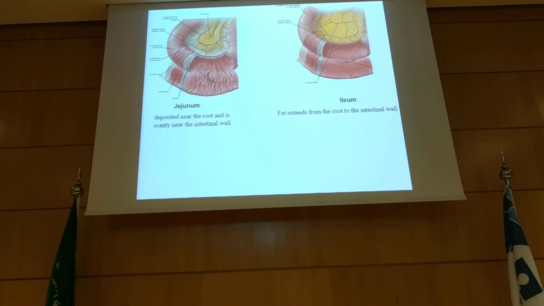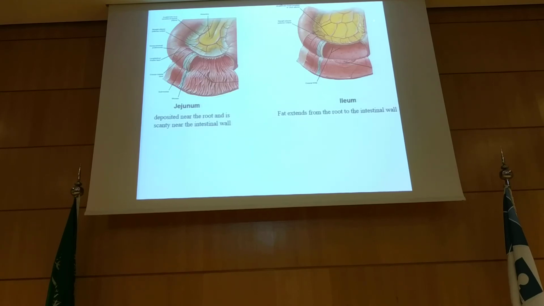And the way to test it, and you should do this in the lab, especially if you're wearing a colored glove: lift the duodenum and put your hand behind the mesentery, and you should be able to see your hand, because fat does not go all the way to the wall of the intestine.